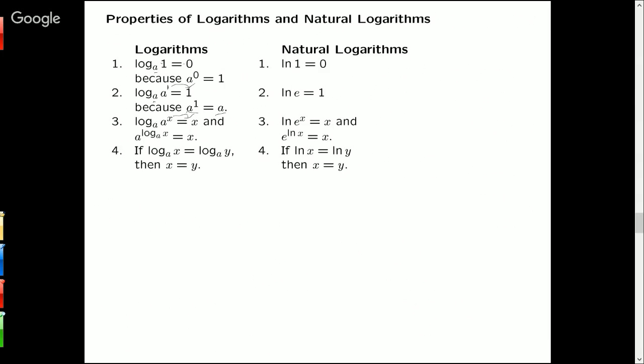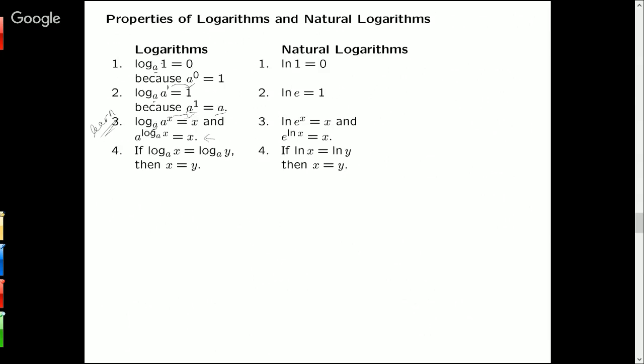Bring the exponent out. Log base a of a to the x equals x, and a to the log base a of x equals x. Learn this one. Learn that rule. That's going to be your friend the rest of this chapter.